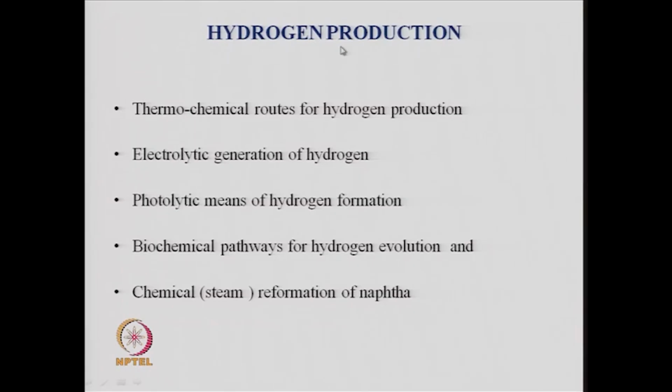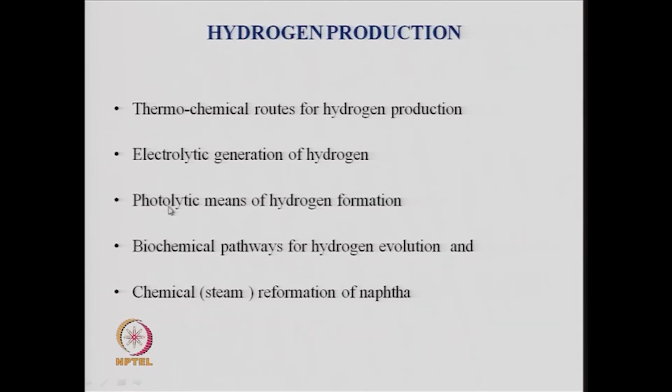So, among the various methods for hydrogen production, there are thermochemical routes, electrolytic routes, and photolytic routes of hydrogen formation. Then there are biochemical pathways and also chemical reformation of naphtha, which is obtained naturally.